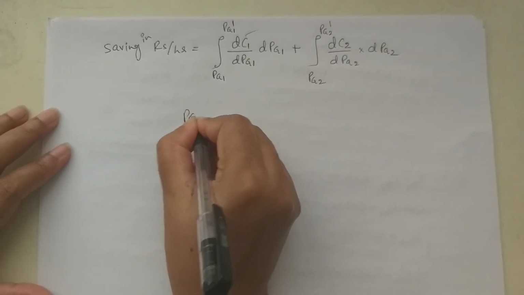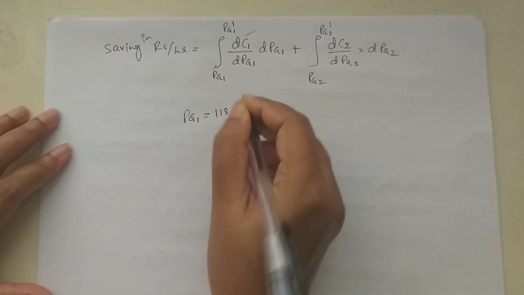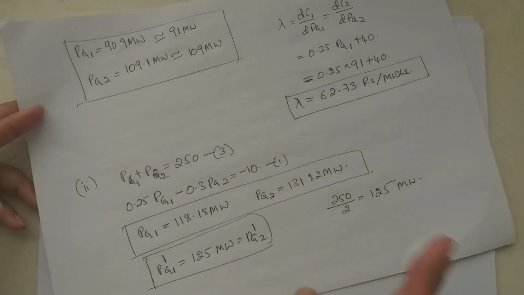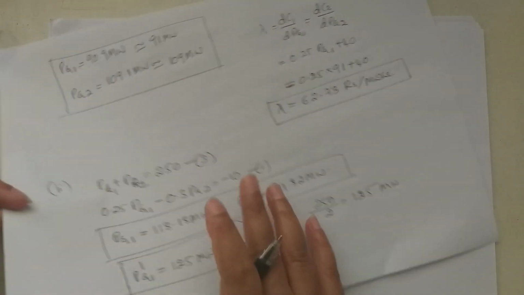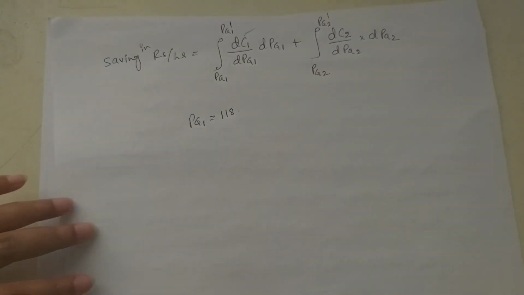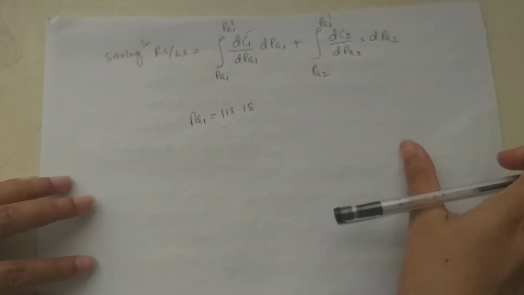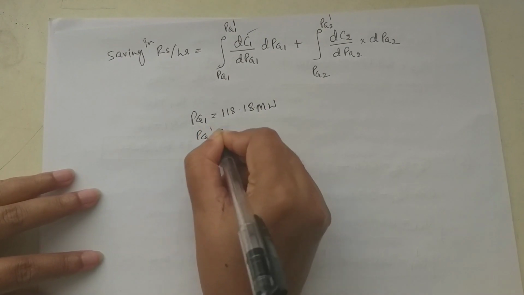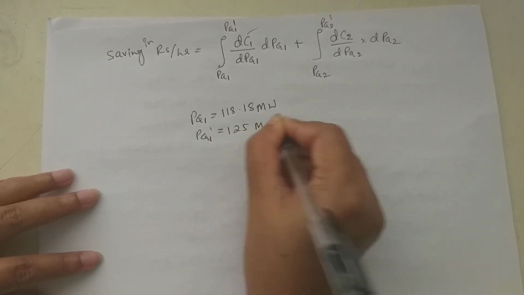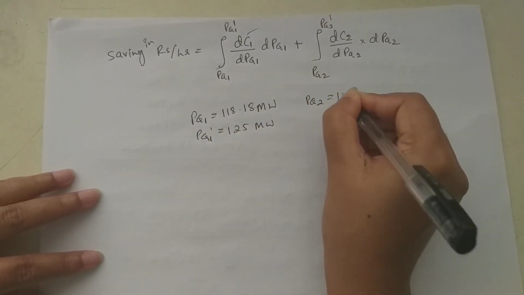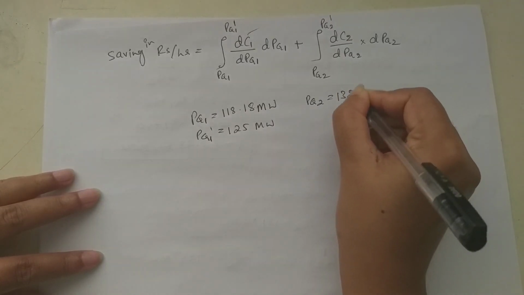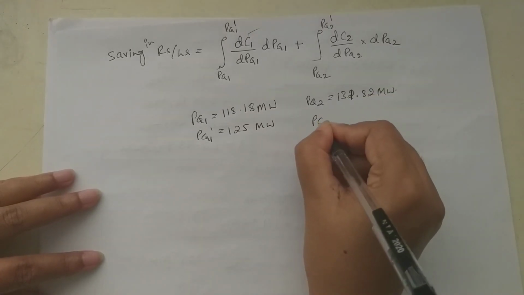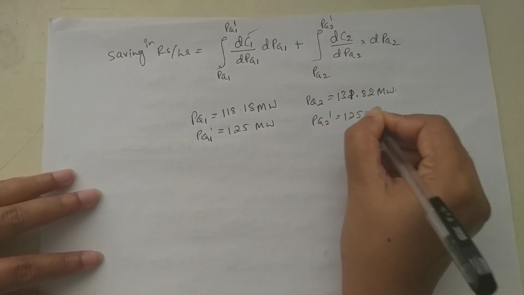What is Pg1? Pg1 we have 118.18, and Pg1 dash is 125. Pg2 is 131.82 megawatt, and Pg2 dash is 125 megawatt.